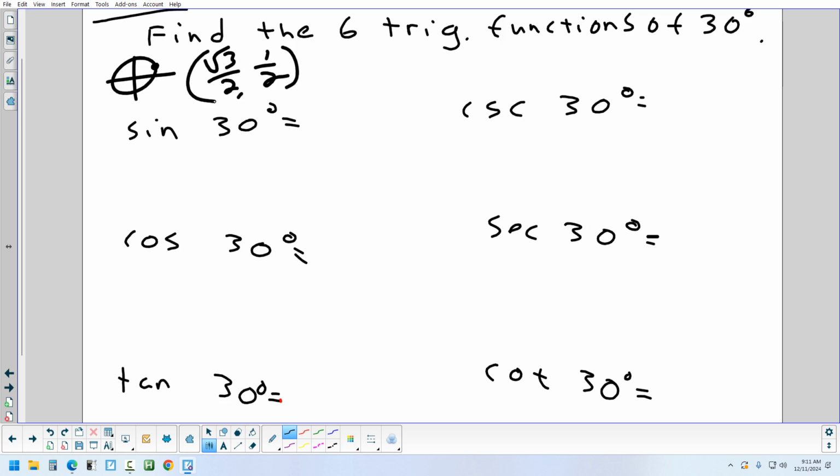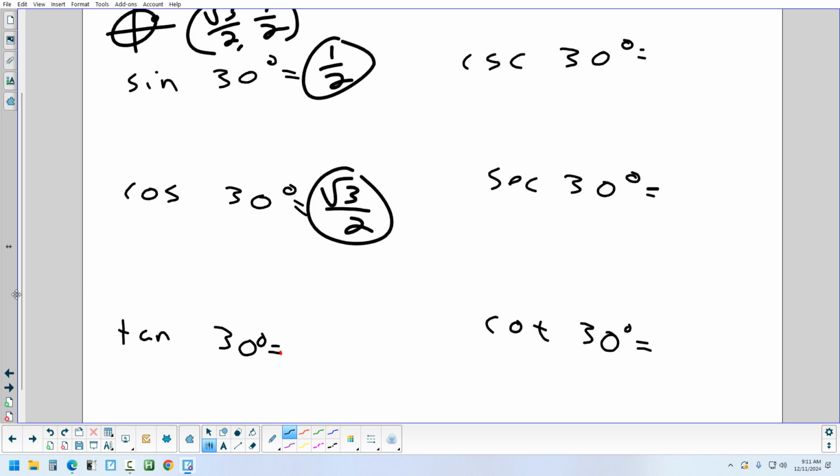So it's root 3 over 2, 1/2. All right, now we'll go through all 6. What is the sine of 30 degrees? Yep, 1/2. Okay, what's the cosine of 30 degrees? Root 3 over 2. And now the tangent of 30 degrees, you're going to divide y by x.